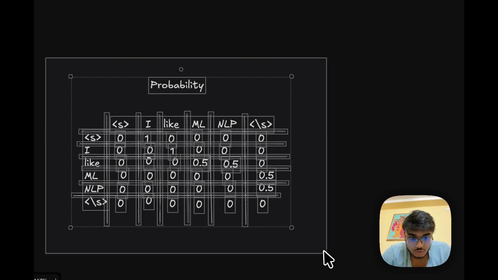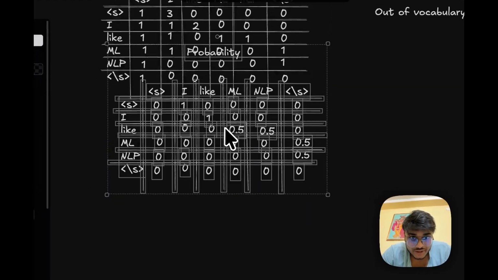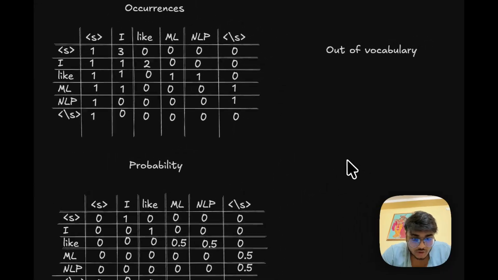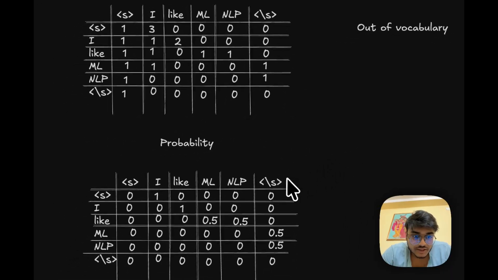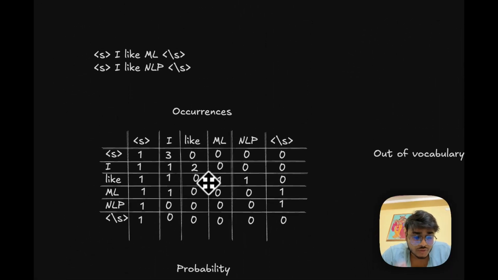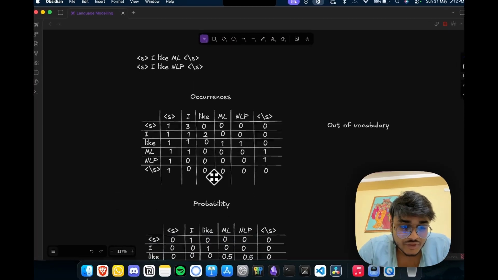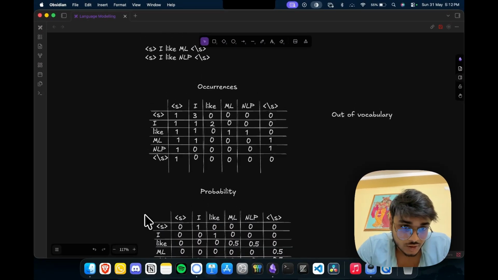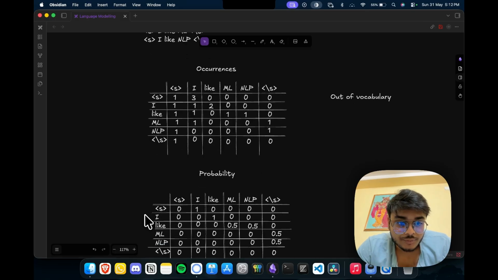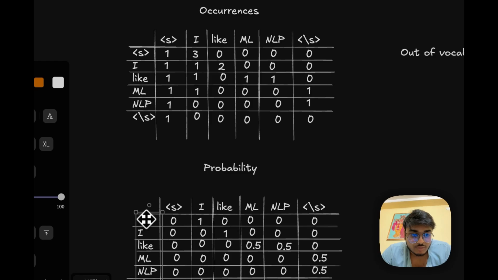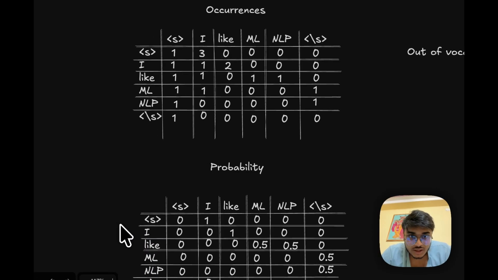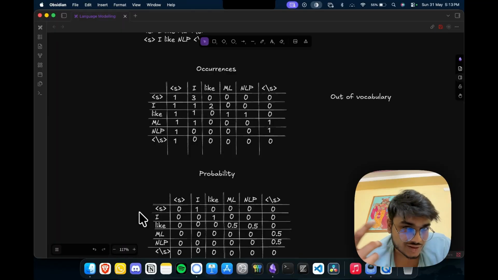This is the probability I have already calculated, but I'm going to explain it to you in a pretty easy way. Basically, you are going to calculate the probability based on the previous word. Got it? The previous word basically means the row, not the column, right?